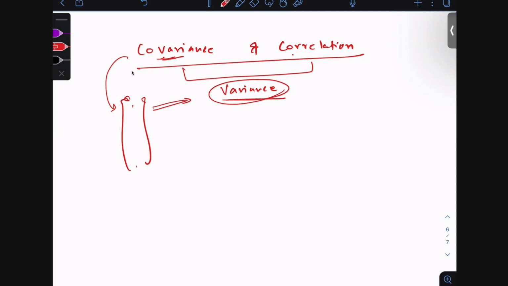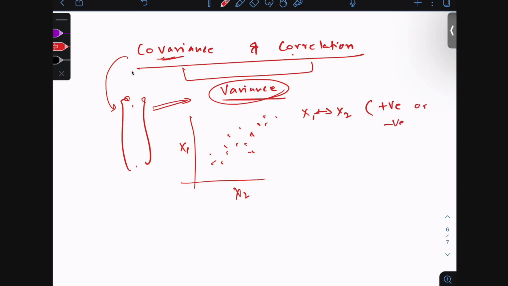Covariance will only tell you whether the relation is positive or negative. With x1 and x2, covariance will only tell you if the relation between x2 and x1 is positive or negative. It will not tell you how strongly positive or negative. The strength of the relation is not told in covariance.